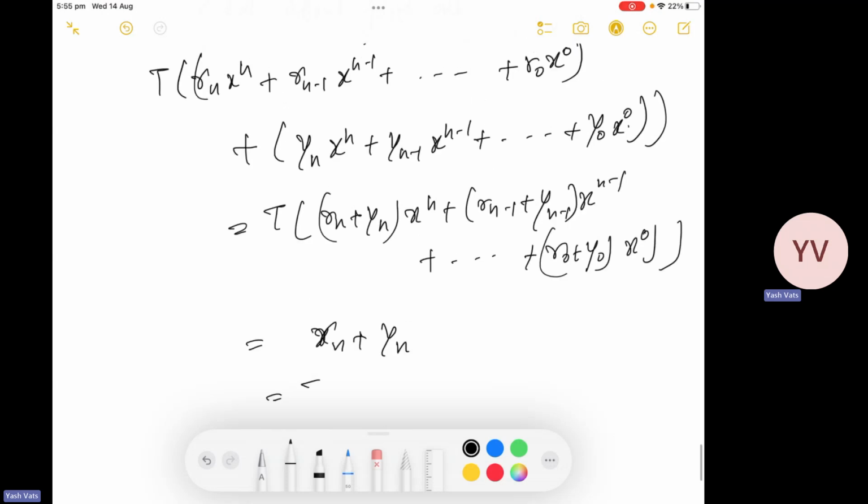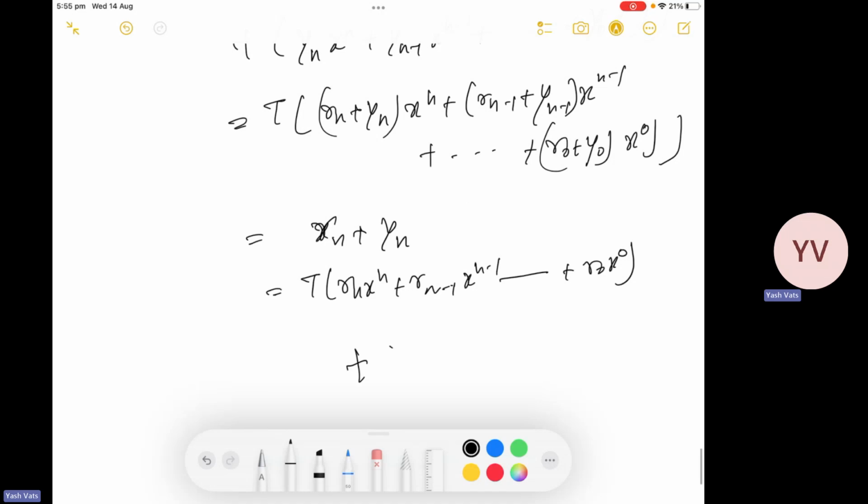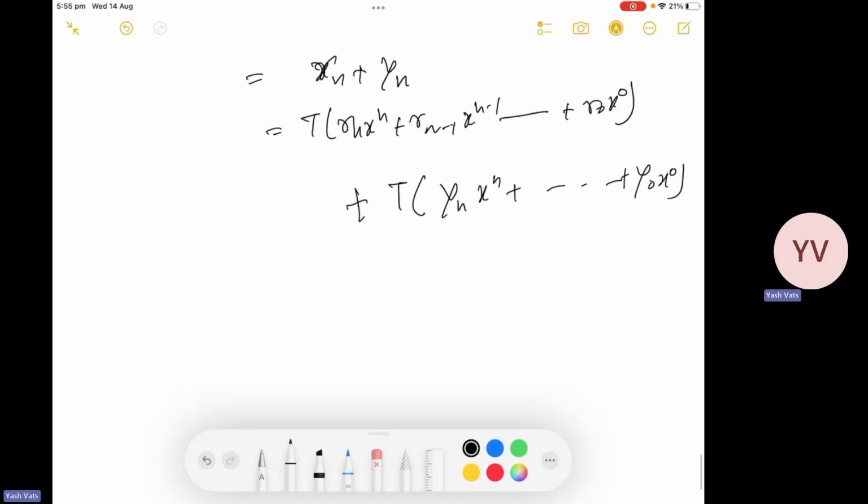So this is the same as T of rn xn plus T of gamma n xn. Yes, so that is a linear transformation.